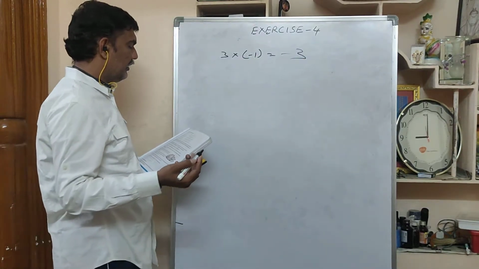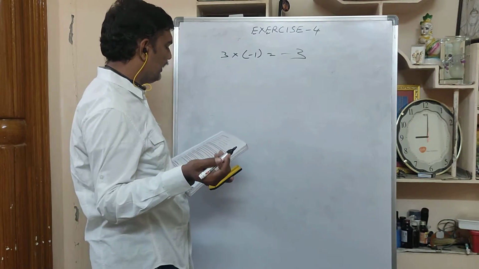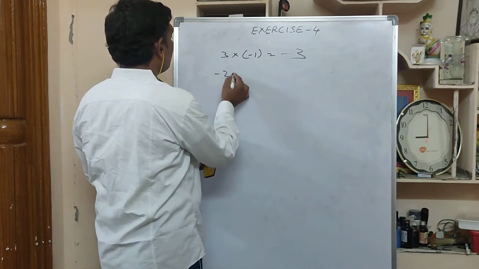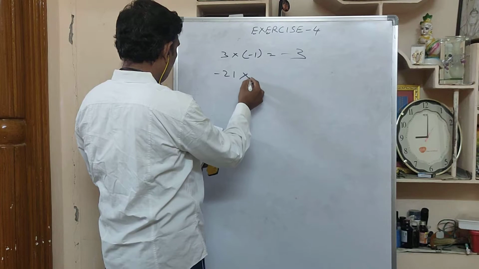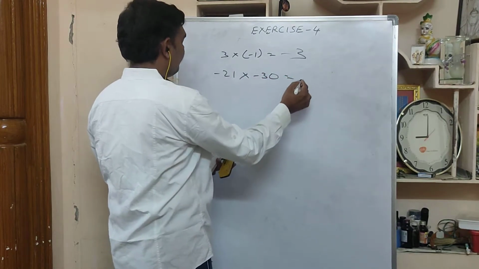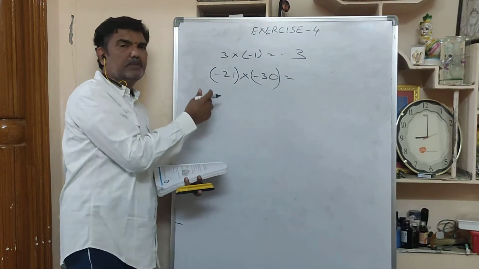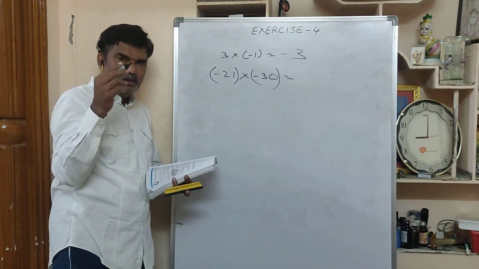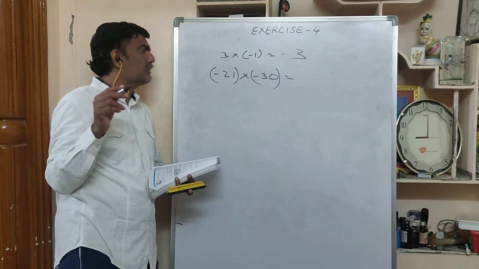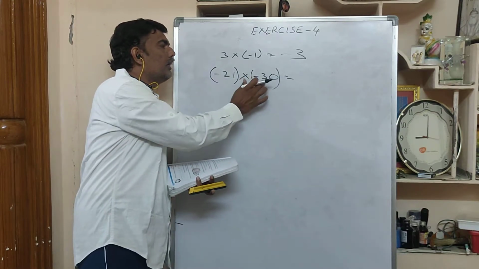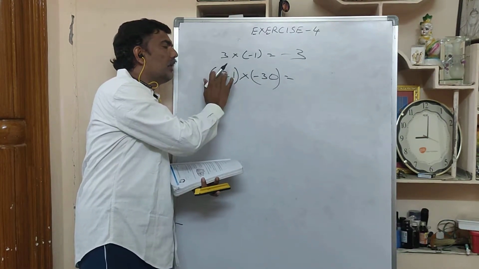Next, minus 1 into 225, you can do it. The third one is minus 21 into minus 30. Minus means he kept it in brackets, see it. It is very important, if you have any minus number, enclose it inside brackets. Now, two integers are there. Both are having minus.